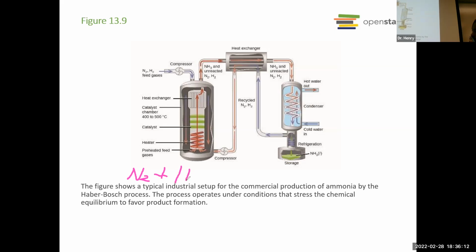And so it basically takes it from the air, and then we get the production of ammonia. It's in gaseous form initially, and then we make it into a liquid form by cooling.